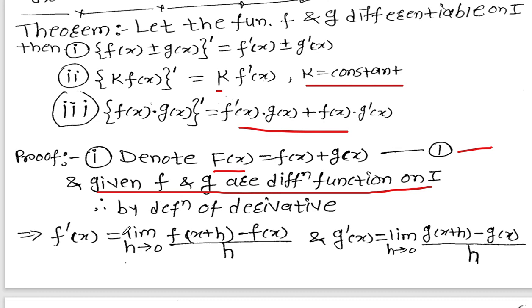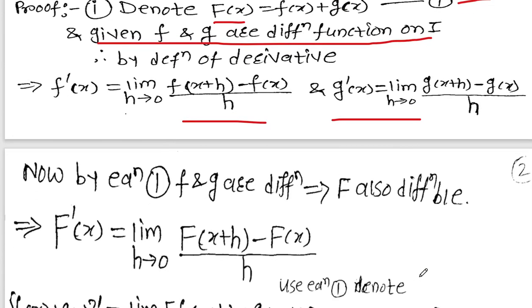Then f dash of x equals limit h tends to 0 f of x plus h minus f of x divided by h. And for the function g of x, g dash of x equals limit h tends to 0 g of x plus h minus g of x divided by h.